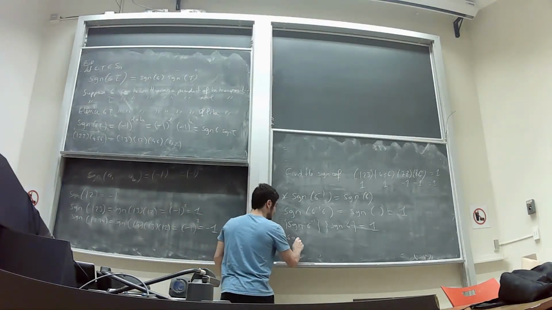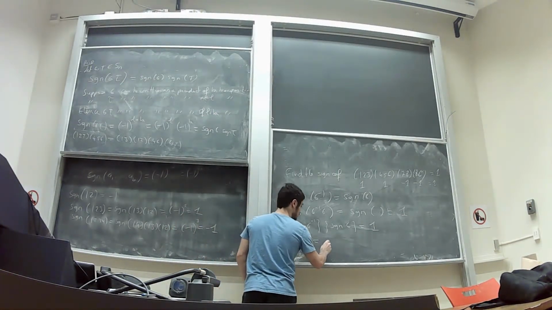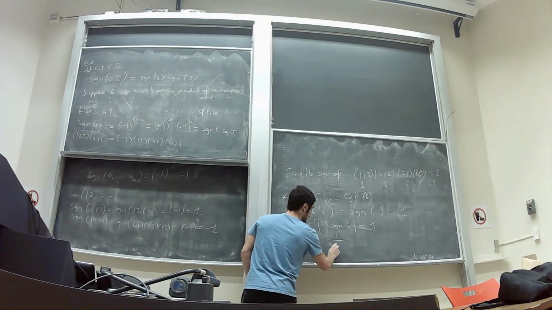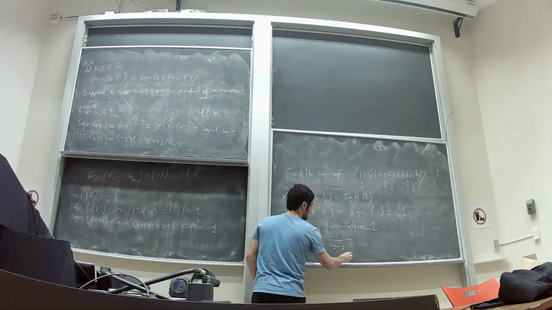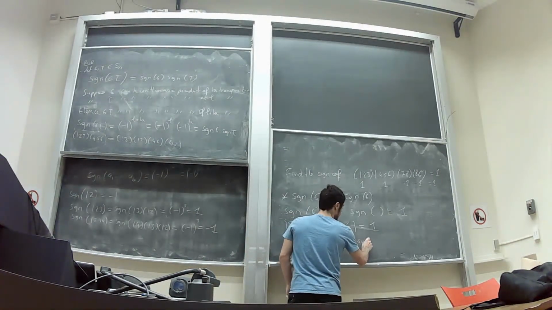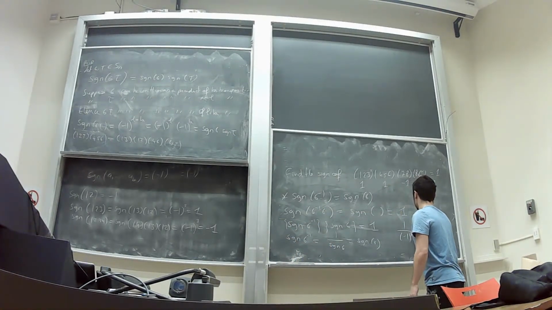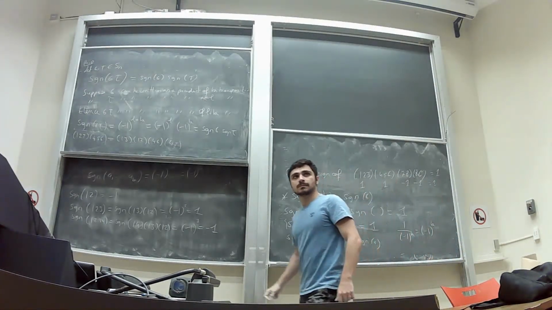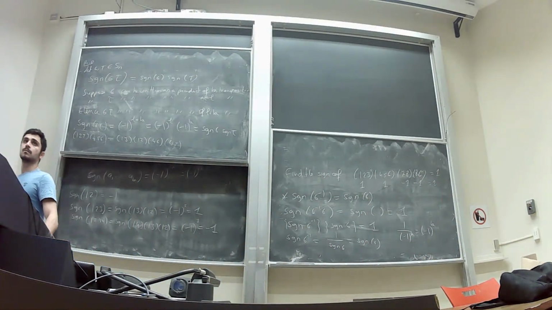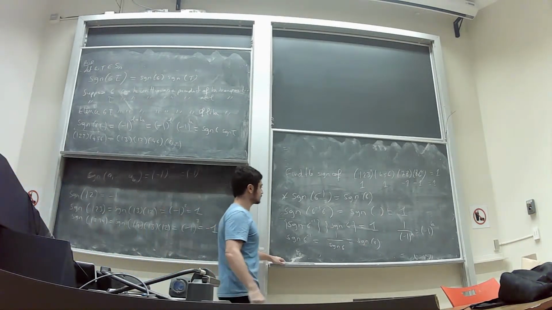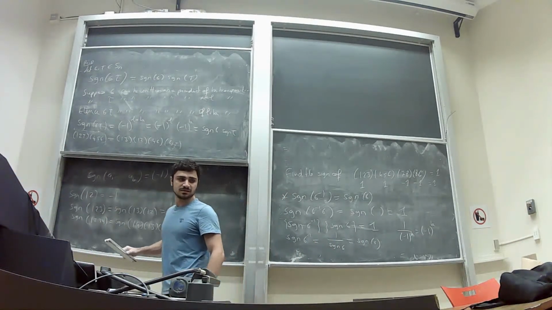The sign of sigma inverse is 1 over the sign of sigma, which is the sign of sigma, since 1 over (-1)^k is just (-1)^k. Okay, great.